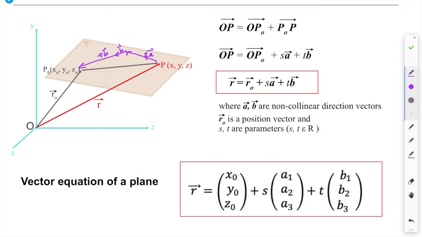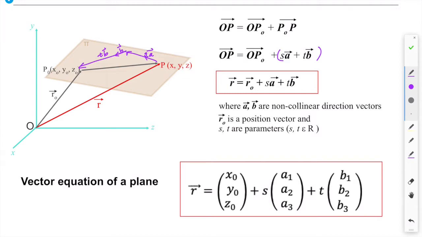This is a linear combination of these 2 direction vectors. Then I can replace P naught P by their sum. As a result, I can say that the vector equation of a plane is R equals R naught plus SA plus TB. S and T are just parameters, and R naught defines the position of this particular plane pi.